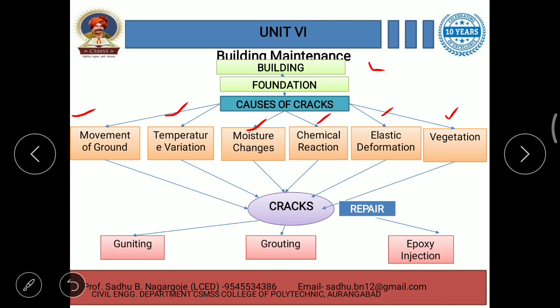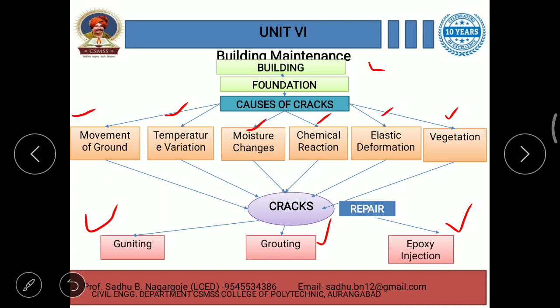Then we have to discuss how to repair such types of cracks, the repairing methods. First, gunniting is a process, then grouting is another method, and epoxy injection. These are some methods used to repair these cracks.